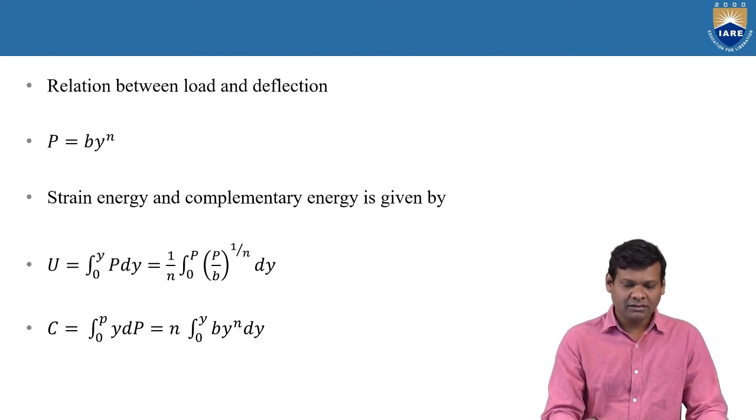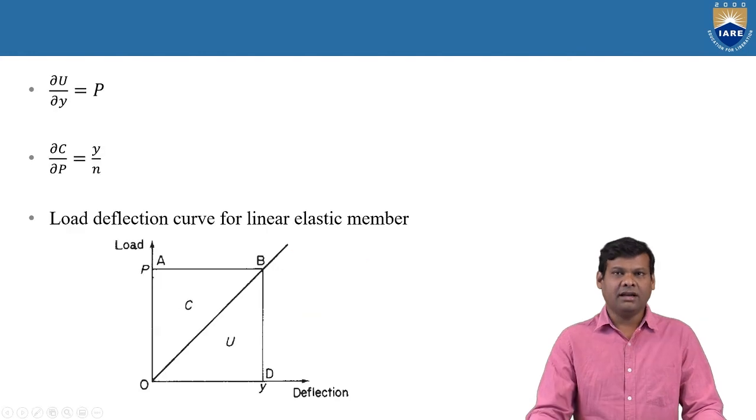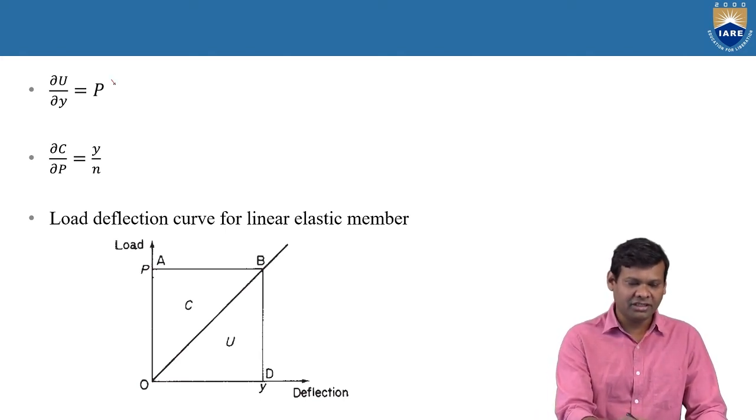Here we have the strain energy and complementary energy for a nonlinear system load deflection curve. And what if it is a linear system? Then the load versus deflection curve is a straight line. Finally, what we have is dou U by dou Y equal to P and dou C by dou P equal to Y. Sorry, this is for a nonlinear system.